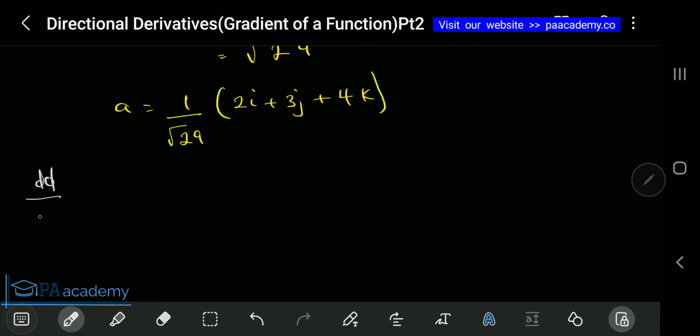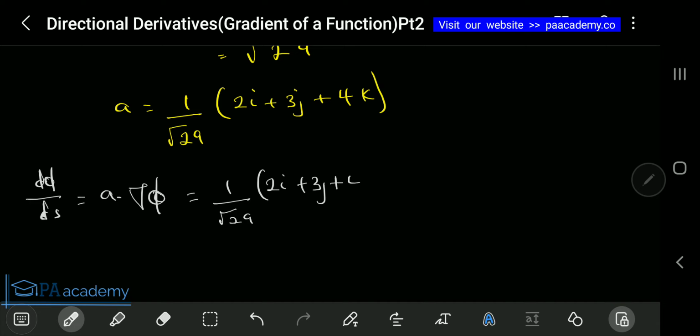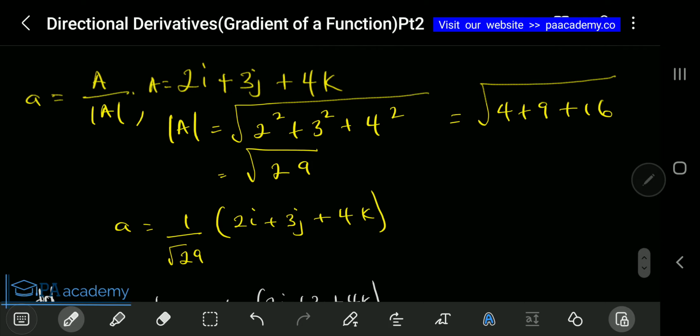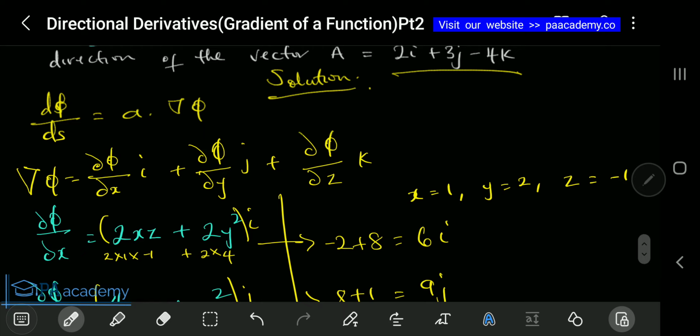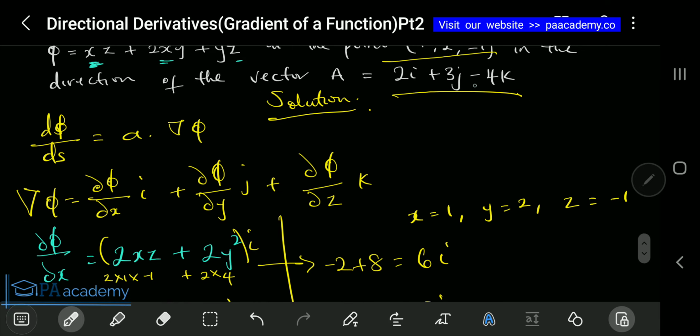So our directional derivative will be a multiplied by grad phi, which is 1 over root 29 multiplied by 2i plus 3j plus 4k. Okay, let me confirm, is it plus 4k? Alright, it's actually minus 4k.